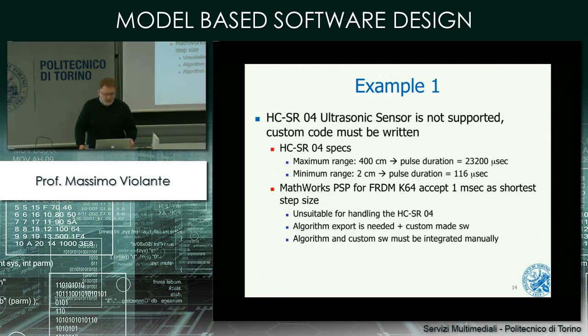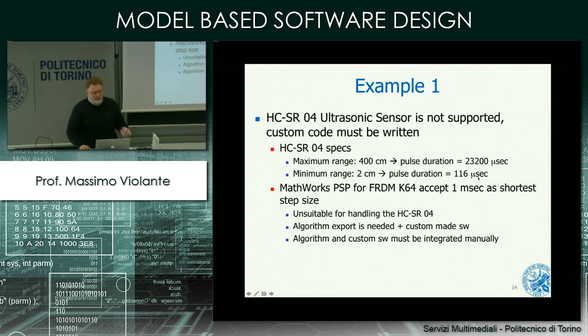Well, the equation is the following. 400 centimeters, so 4 meters, corresponds to a pulse duration of about 23,000 microseconds. This is because the range in centimeter is obtained by measuring the duration of the pulse in microseconds and divided by a constant that is 58. Similarly, a range of 2 centimeters corresponds to 116 microseconds.